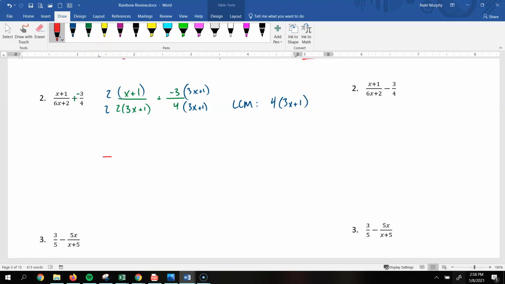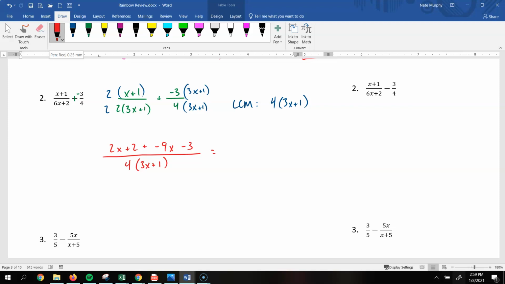So now I'm going to write this as one giant fraction. Our denominator is going to be the LCM, which is 4 times 3x plus 1. Our numerator, I distribute the 2 through, so we get 2x plus 2. And then we'd have plus a negative, distribute the negative 3 through, so we get negative 9x minus 3. Now we're going to combine like terms in that numerator.